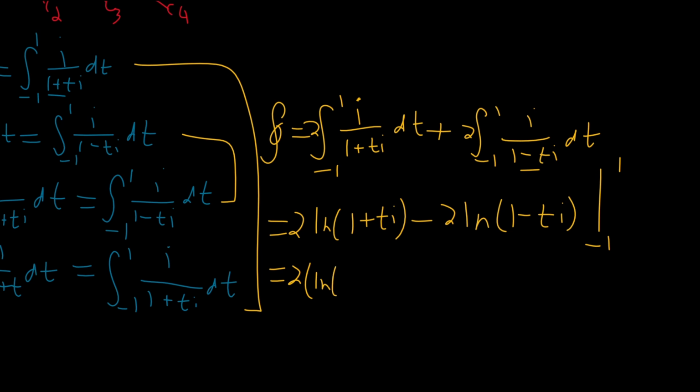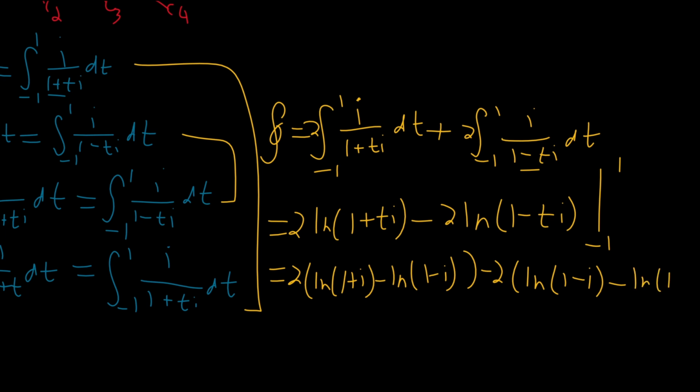So here we have 2 times the natural log of 1 plus I, minus the natural log of 1 minus I. And then here we're going to have minus 2 times the natural log of 1 minus I. And then plus, or sorry, that should also be a minus. It becomes a plus with the negative on the outside. But minus the natural log of 1 plus I.